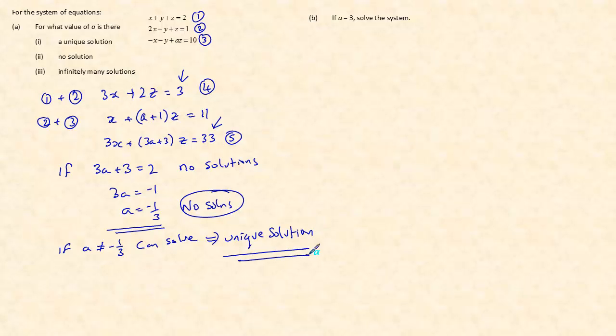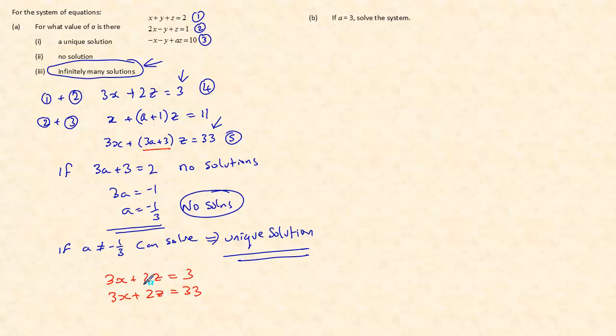And for this set of equations, there's no way that we can produce infinitely many solutions. So just to discuss that, with infinitely many solutions, what we would need is where we had these inconsistent equations here, we discussed it, I'll do it in red so we don't get it confused with the working. 3x plus 2z is equal to 3, and where we had this situation where a was negative a third, we would have had 3x plus 2z is equal to 33.